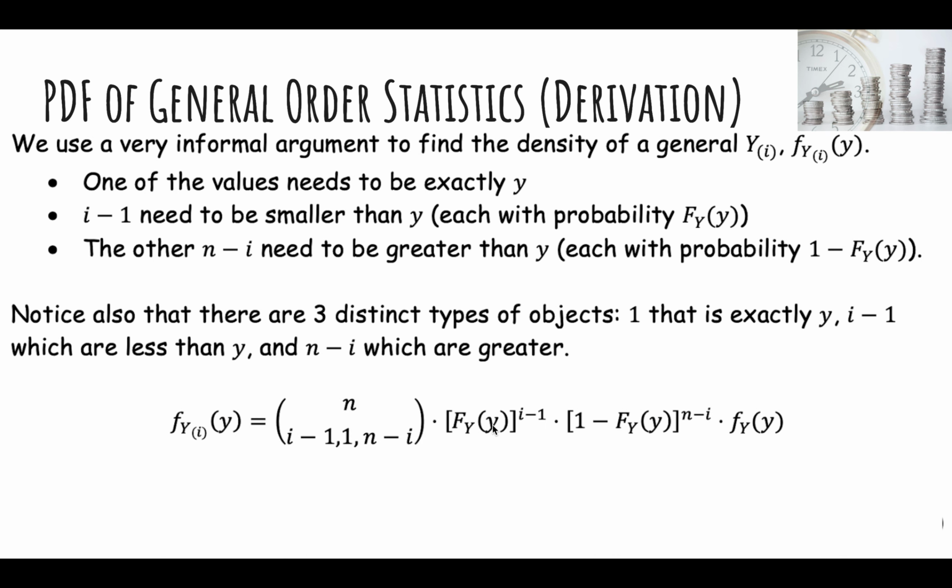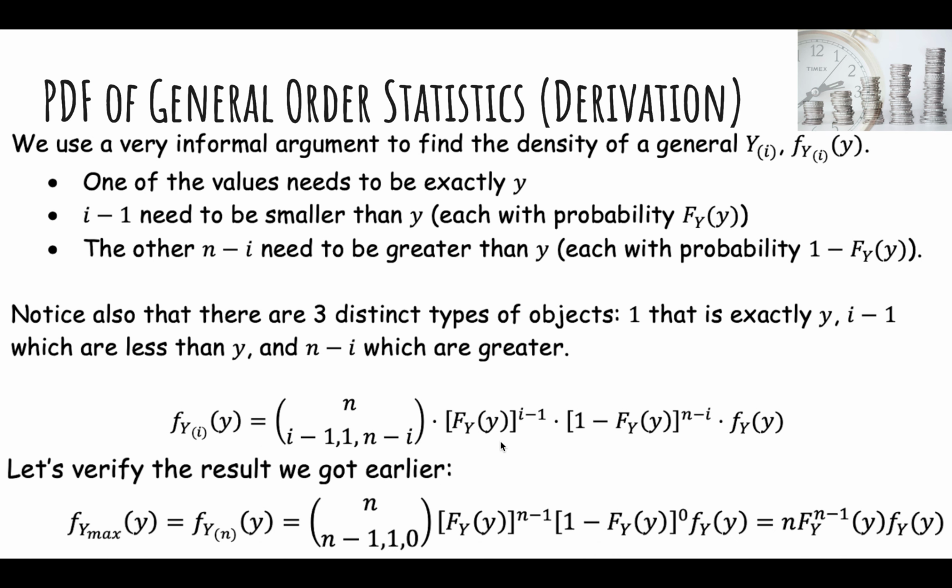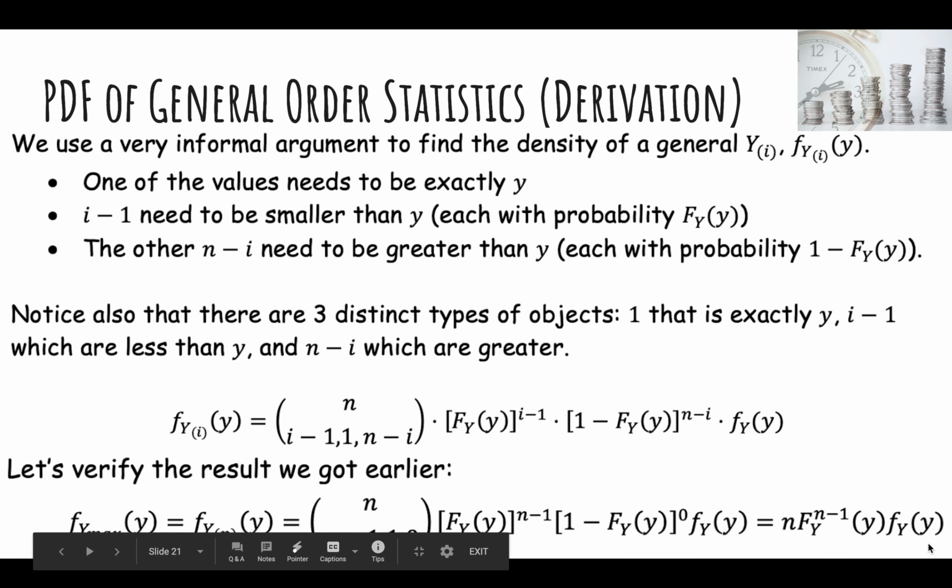And then we have to actually stick in this multinomial coefficient because for the ith smallest to be y, we can actually choose any of the n to be equal to that, any i minus 1 to be smaller, and any n minus i to be larger. And so actually if you plug in n here for i, you can verify that the PDF that we get is actually the same as the one we just derived earlier.